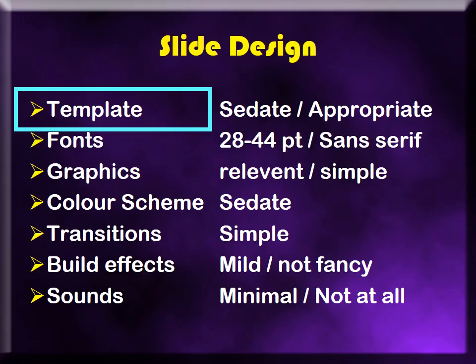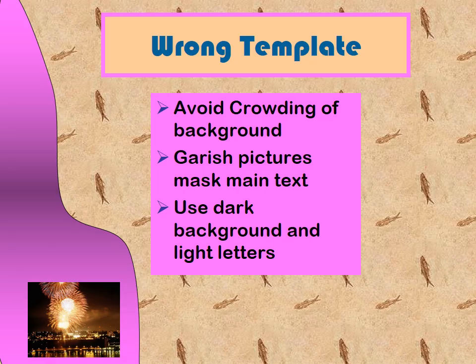A template must be sedate and it must be appropriate to the subject that you're talking about. This is obviously an exaggeration, but this is a very complicated template with lots of colors, lots of little fish floating around and a fancy picture in the lower left corner. Now, this is an example of a wrong template.